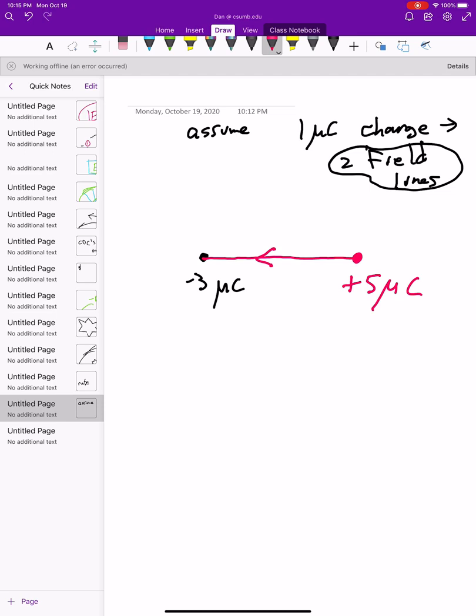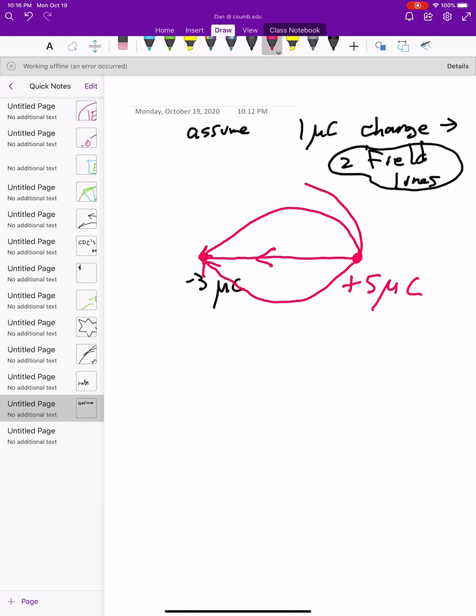All right, I need to put 9 more on the plus 5 microcoulomb charge to satisfy what I am supposed to have here. So I'll have another one that's, from here, really strongly repelled by the plus 5 microcoulomb charge and then attracted to the minus 3 microcoulomb charge, something like that. So it looks kind of like a dipole looked.